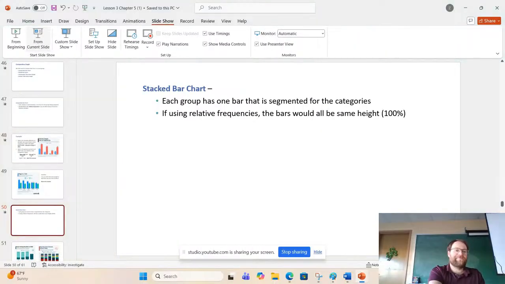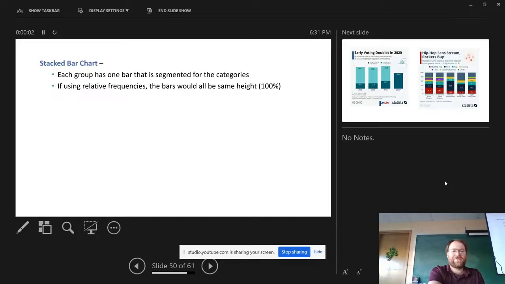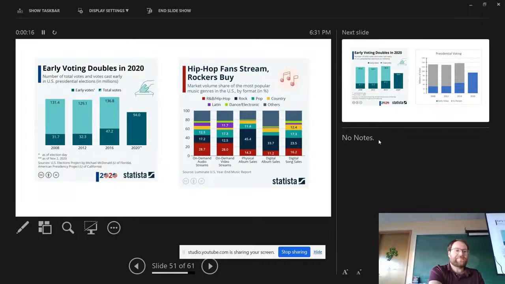Oftentimes, you can see stacked bar charts. So instead of separating the bars out, they're all going to be on top of each other. But you can still break it down into categories. So here's an example of a stacked bar chart.